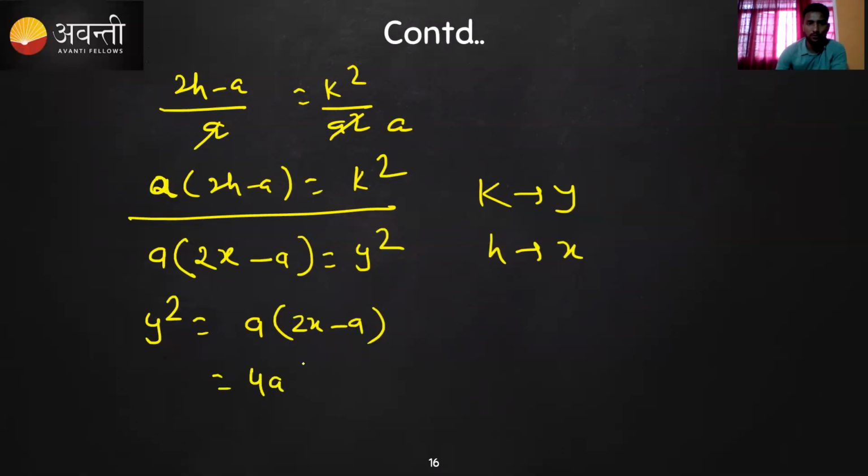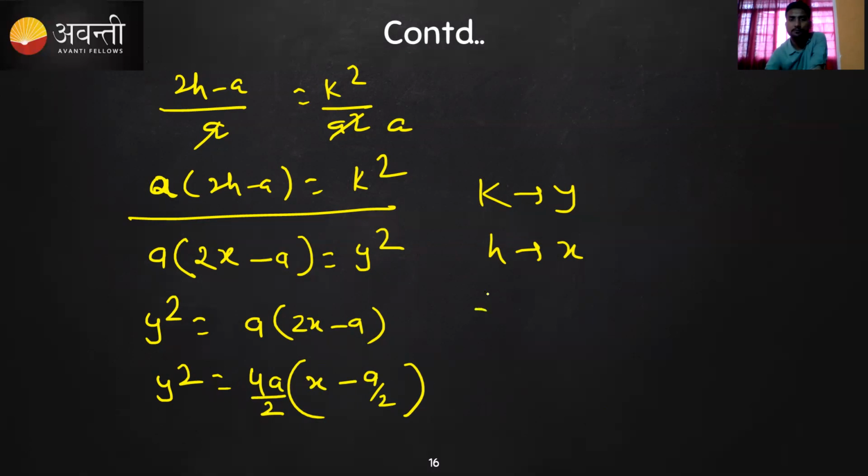So you can also write it as Y square is equal to 4A by 2 into (X minus A by 2), so this is the equation that we have got.